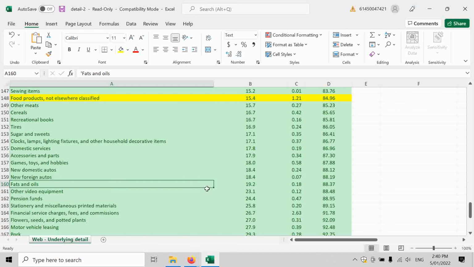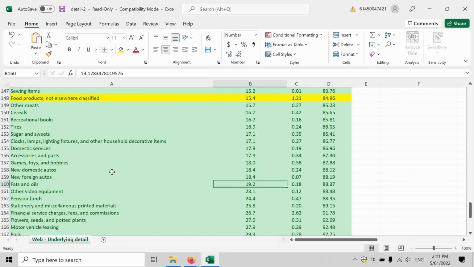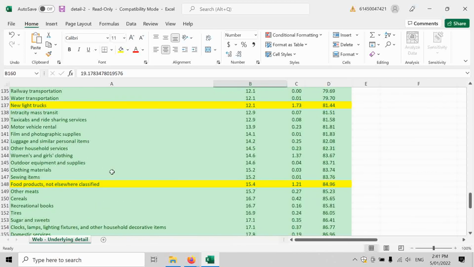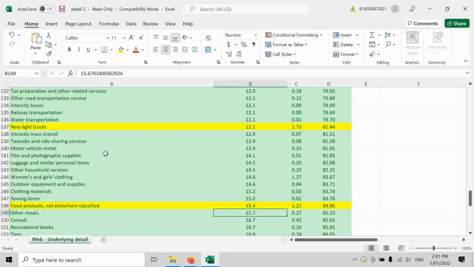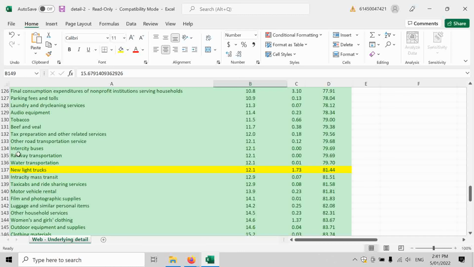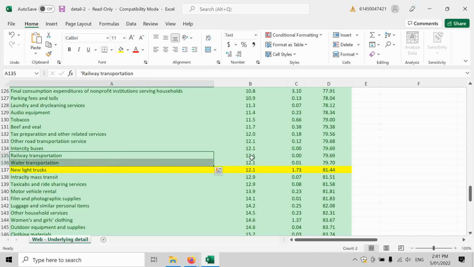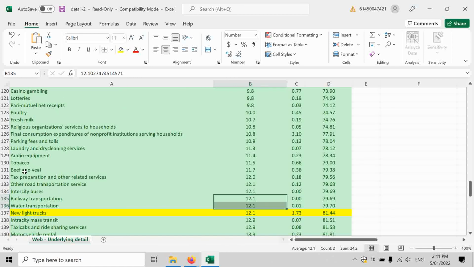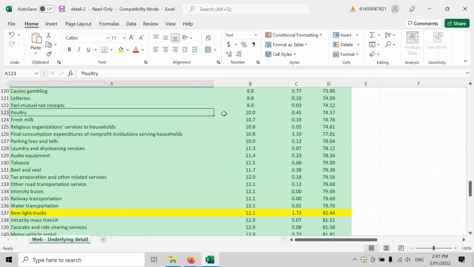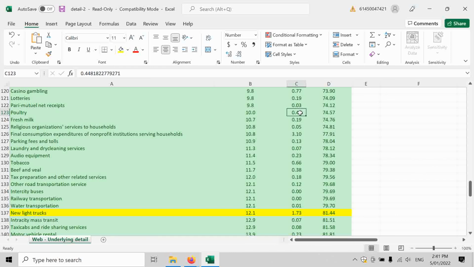Fats and oils, high inflation, excluded. Other meats, high inflation, excluded. Railroad and water transportation, high inflation, excluded. Beef and veal, high inflation, excluded. Poultry, high inflation, medium weight, excluded. Fresh milk, high inflation, excluded.